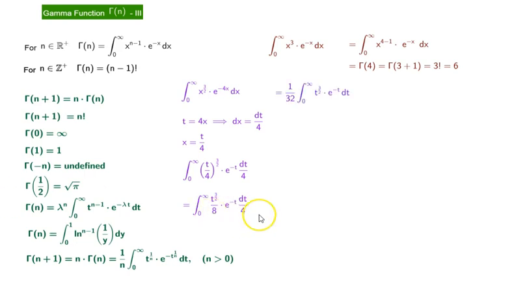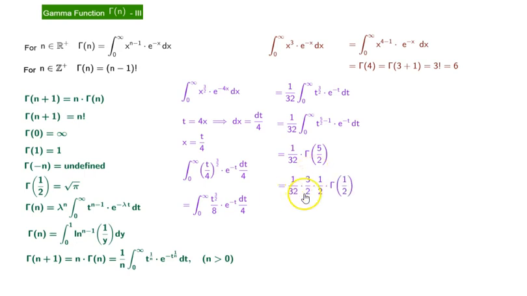So here 8 times 4 is 32. 1 by 32 comes out of the integral times the integral 0 to infinity of t to the power of 3 by 2 times e to the power of minus t dt, which is equal to 1 by 32 times the integral 0 to infinity of, now 3 by 2 we write it as 5 by 2 minus 1. So we have t to the power of 5 by 2 minus 1 times e to the power of minus t dt. So this can be written as gamma of 5 by 2. So we have 1 by 32 times the gamma of 5 by 2.